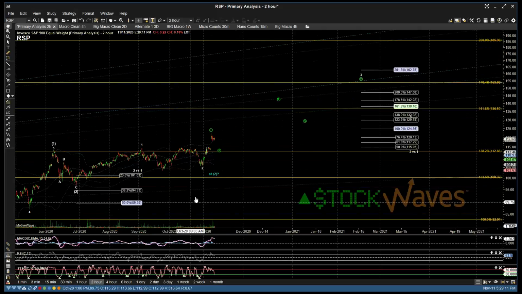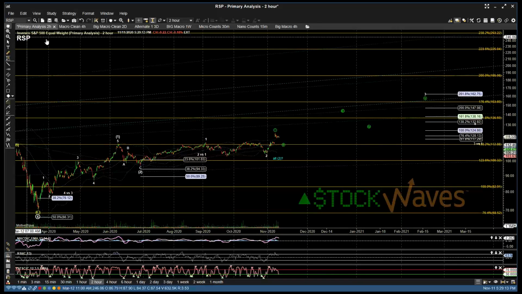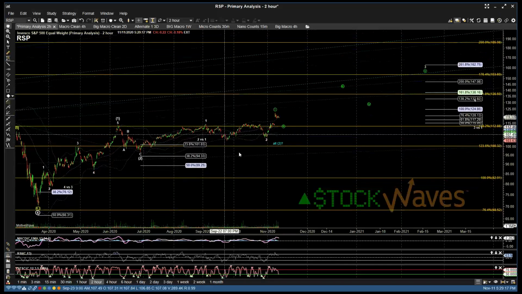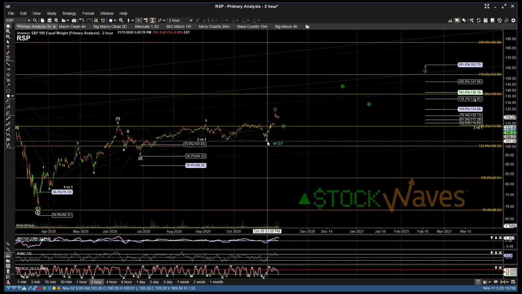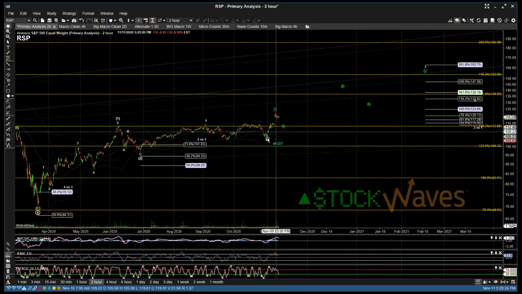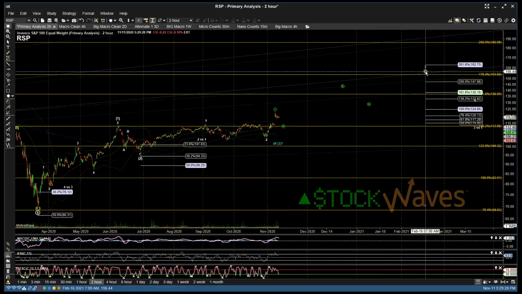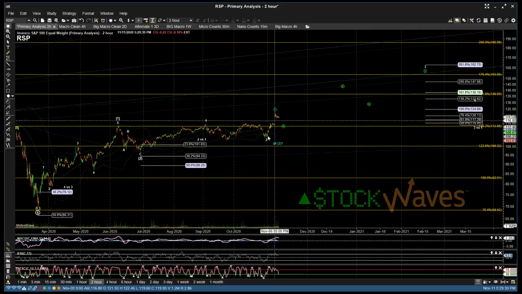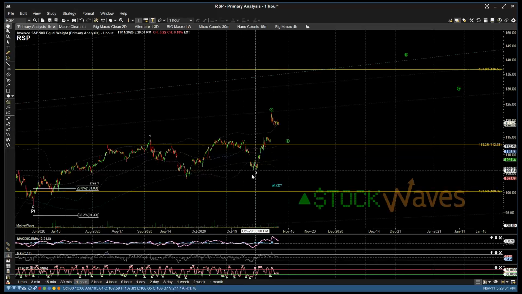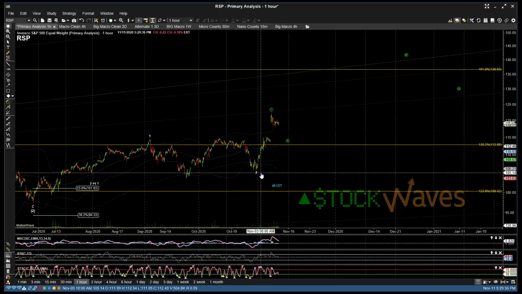At the smaller degree, here looking at the RSP, this is an equal weight version of the S&P. It really doesn't matter if we're going to count this as a running flat for the larger parentheses wave 2, and this is a 1-2 start to the parentheses wave 3, or it's a 1-2 start to the 3 of parentheses wave 3 already. The important thing for most traders is to recognize that we have a nice running flat.